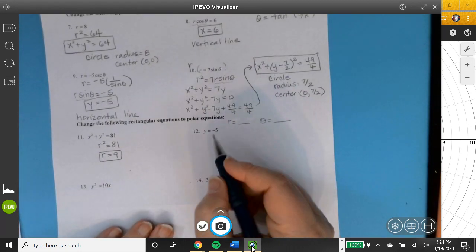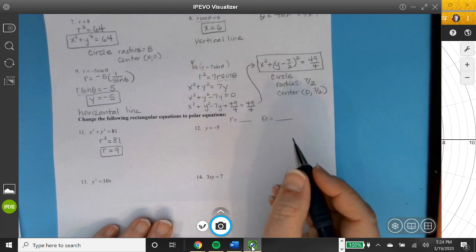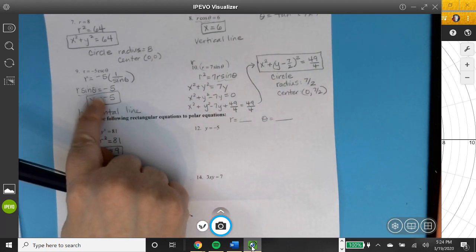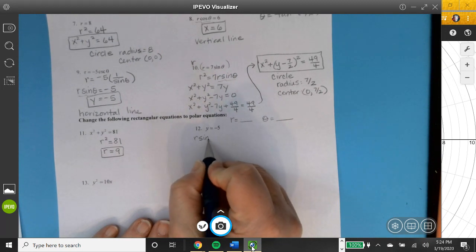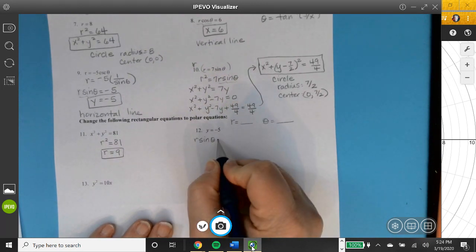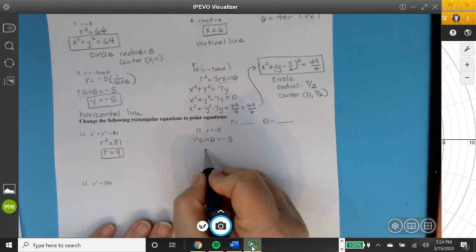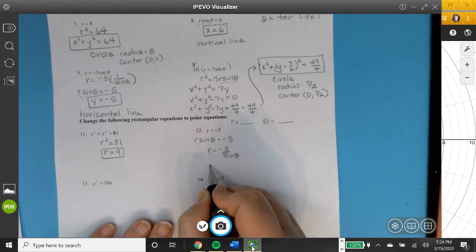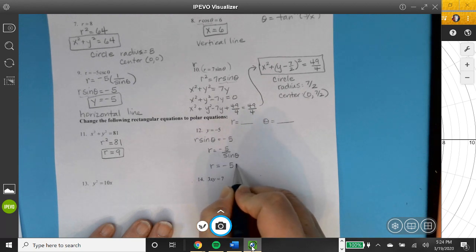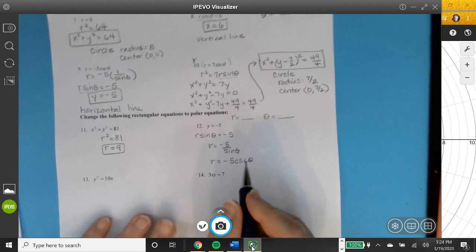All right, let's do this next one. Y equals negative 5, which happens to be what we did here. So we're going backwards. We're going to say r sine theta, because that's what y equals when the pillars are polar, equals negative 5. R equals negative 5 over sine theta, and then we know 1 over sine theta is equal to cosecant theta. So there we go. We went backwards.